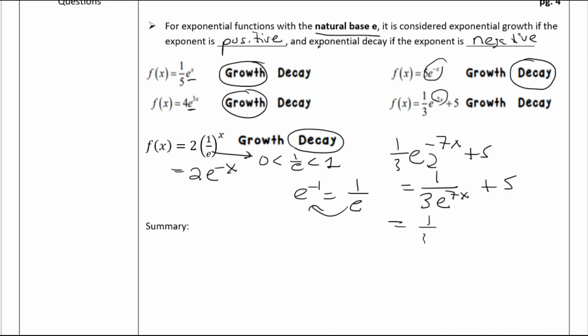Or you can rewrite this as 1 over e to the 7x. And 1 over e is less than 1. So that's a decay. All right, a couple of different ways of looking at it. I wanted to show you both ways, just in case. But that's all you got to do, guys. So hopefully you learned something from this video, and hopefully it makes sense. And good luck, guys.